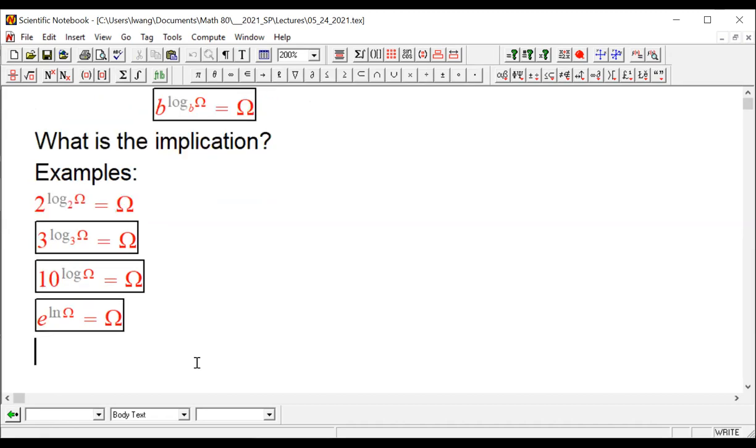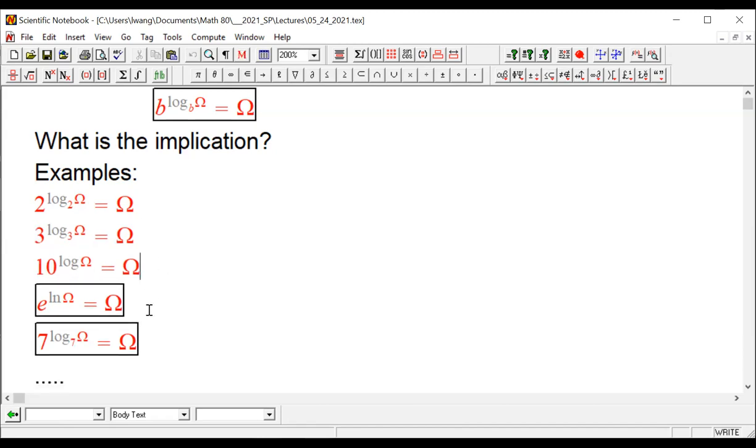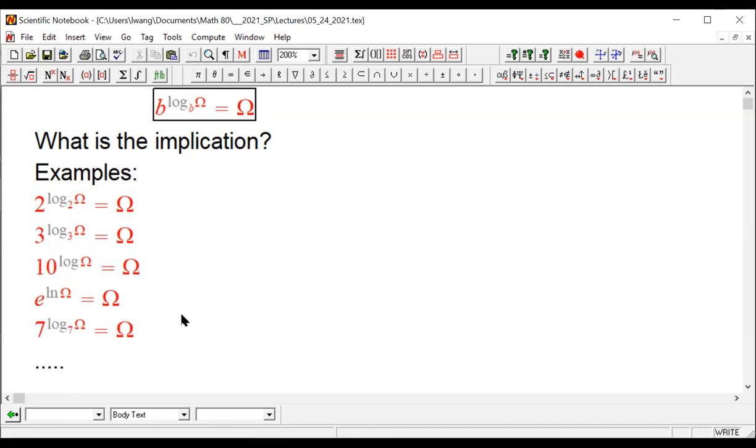And there will be many, many other cases, as many as you wish. Take another case, if this is 7 and that is 7, that is true as well. So all of these are examples of that truth.